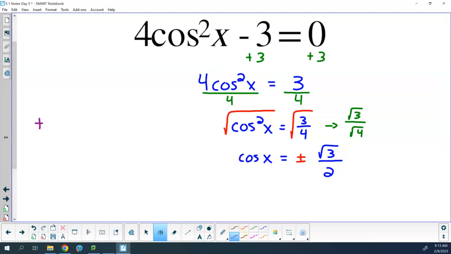Okay. So where is cosine positive root 3 over 2? First lap. Where is cosine positive root 3 over 2? Pi over 6. And 11 pi over 6. Where is root 3 over 2 negative? Or excuse me, where is cosine negative root 3 over 2? First lap.